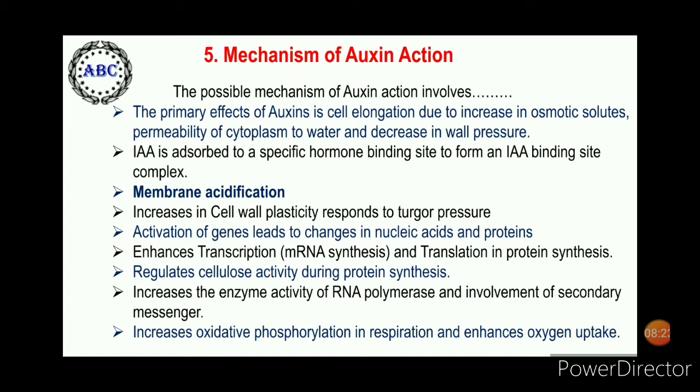The auxin also acts through increased enzyme activity of RNA polymerase and involvement of secondary messenger. Recent evidences indicate that auxin increases oxidative phosphorylation in respiration and enhanced oxygen uptake. The growth stimulation might be due to increased energy supply.